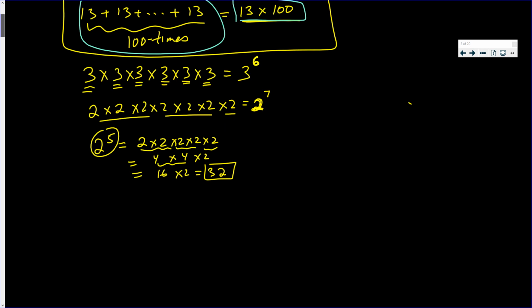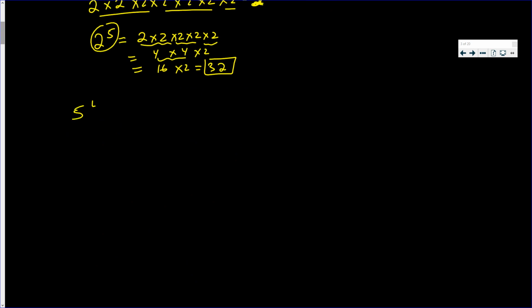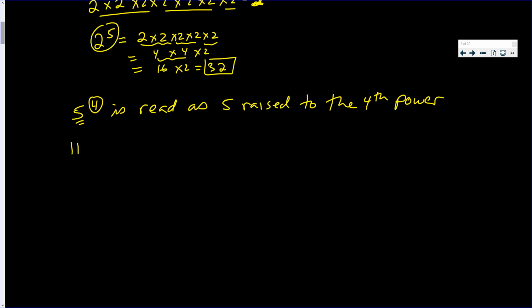Now, let's talk about how you read this. 5 to the 4th is read as 5, the base, raised to the 4th power. If you have 11 to the 7, this is read as 11 raised to the number of times we are multiplying 11.